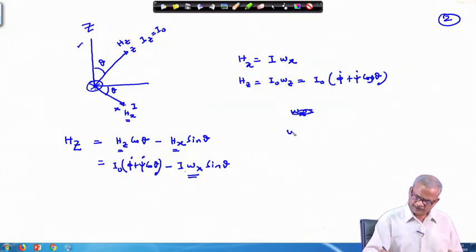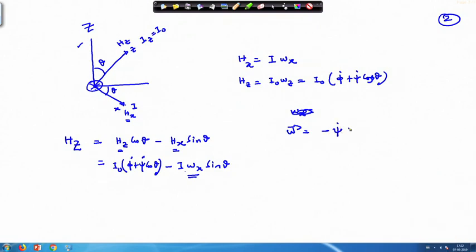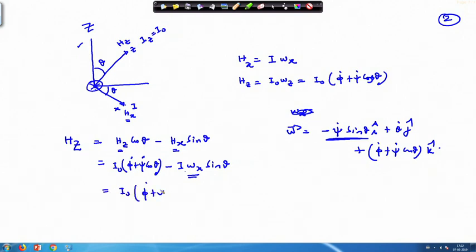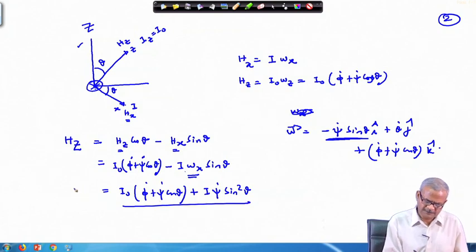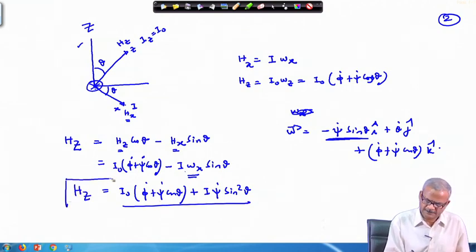So, your omega vector is theta dot i cap plus theta dot j cap plus phi dot plus psi dot cos theta k cap. Okay. So, this is your omega x. So, if we insert this I 0, this becomes phi dot plus psi dot cos theta, and this minus sign if we pick up, that becomes plus I times psi dot sin square theta. So, this is your capital H capital Z.